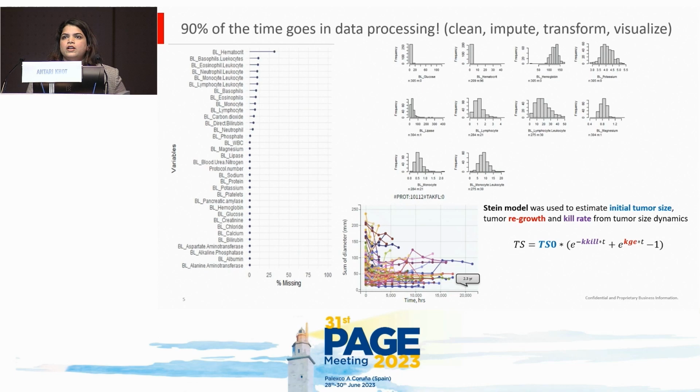So like I said, a lot of background work goes into doing the study. 90% of our time, after we had received all the data, went to the data processing, data visualization, and transformation that we talked about. And it included looking at this. These are representative plots. So it included looking at, okay, my hematocrit, et cetera, are missing more than 10% of the values.